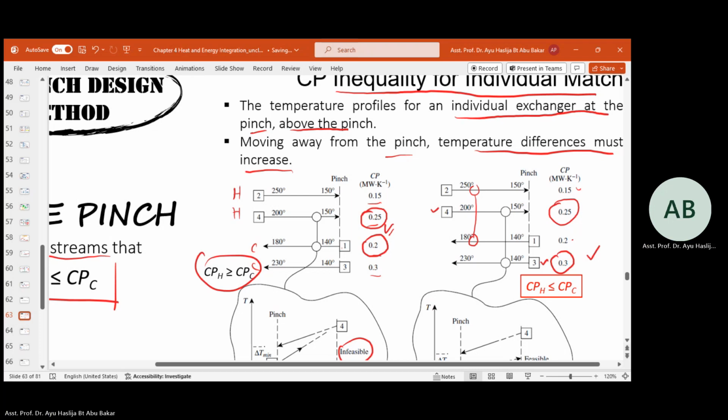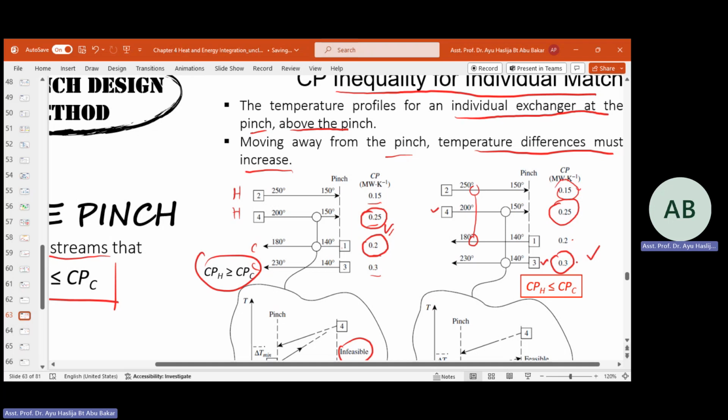Any more? Stream 1 to stream 3, feasible? Sorry, stream 2, stream 3. Feasible, right?